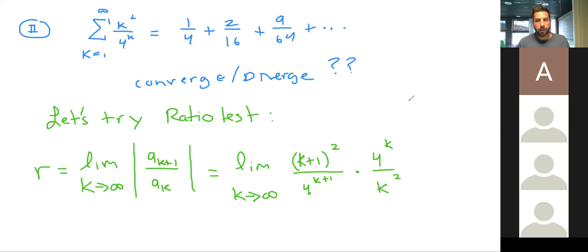So if you think about that algebra, instead of writing a fraction divided by a fraction, I multiplied by the reciprocal. And as you saw in the previous problem, things will begin to cancel out. So I can cancel this 4 to the k with the one that's living downstairs. So let's rewrite this.